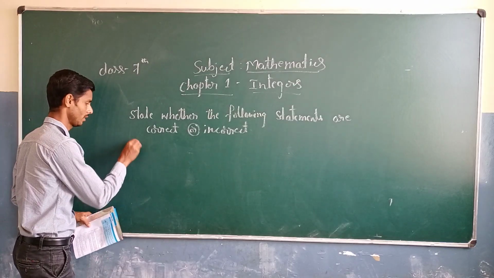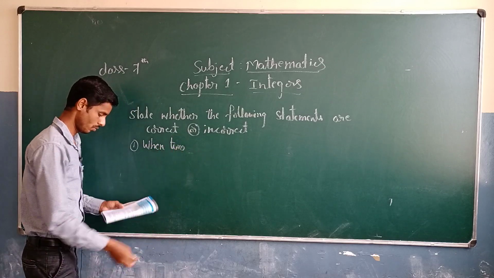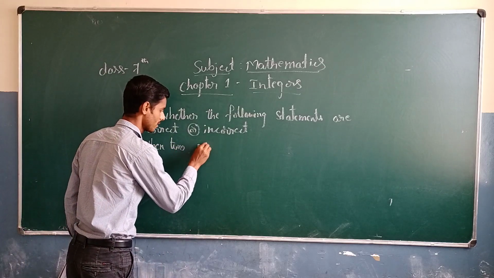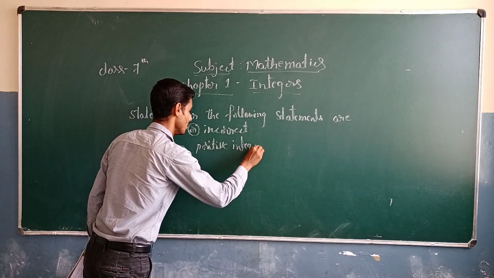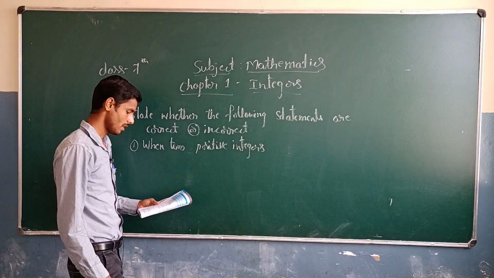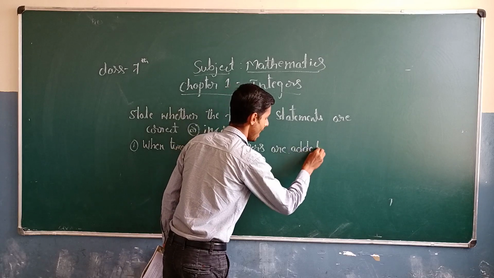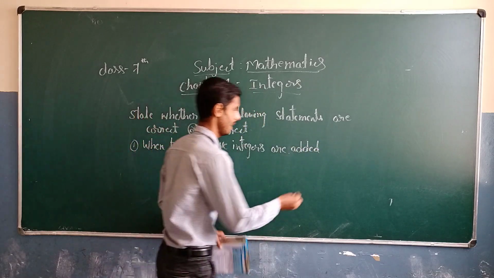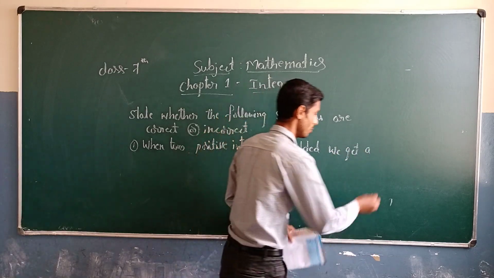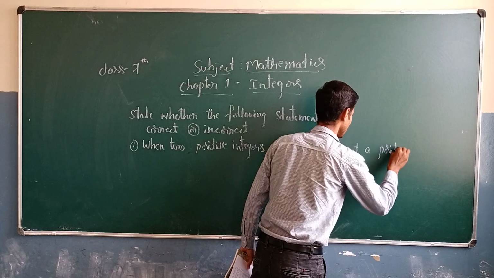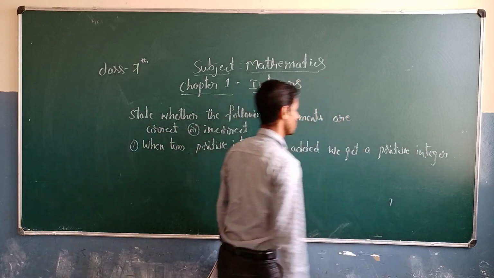First one, when two positive integers are added, we get a positive integer.